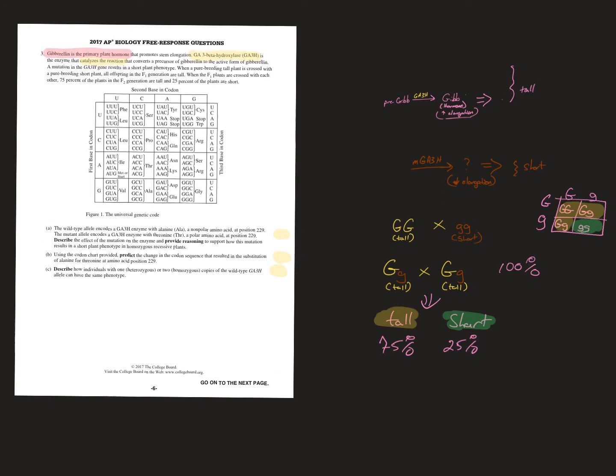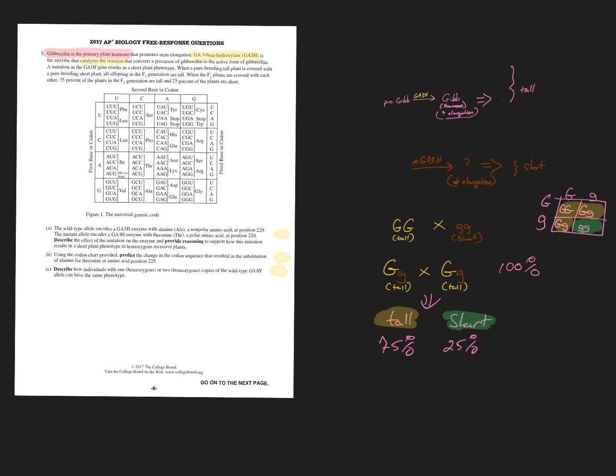The wild type encodes for GA3H enzyme with alanine. So the wild type allele is the one that's not the mutant. When they use the word wild type, they mean not the mutant, right?